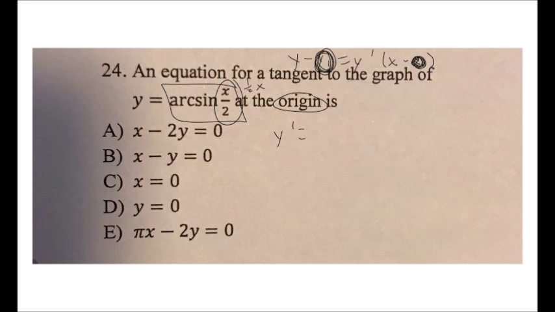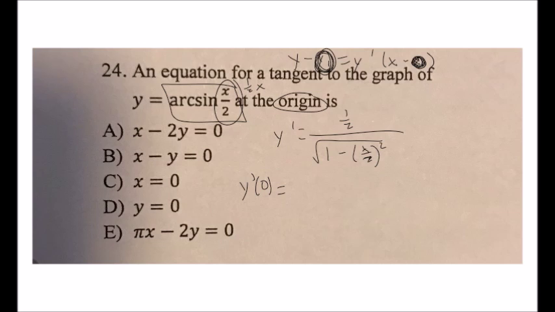Or no, sorry, that's u. I'm just rewriting that. So the derivative of 1/2 x is 1/2. U prime over square root of 1 minus x squared, or u squared, which is going to be x over 2 squared.